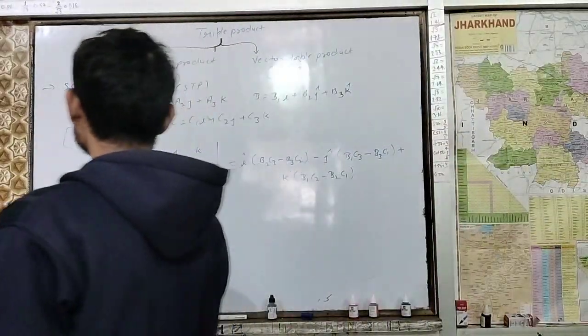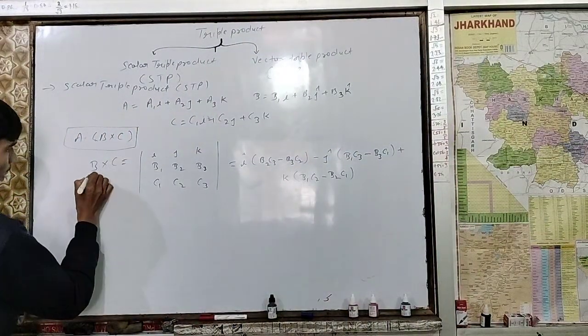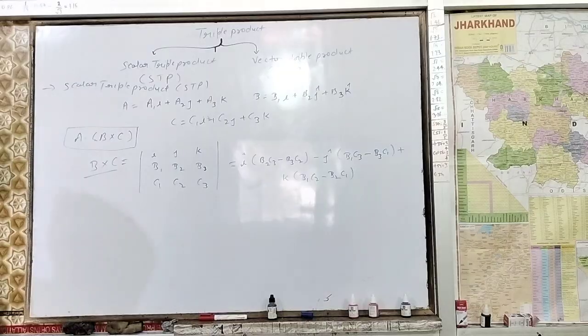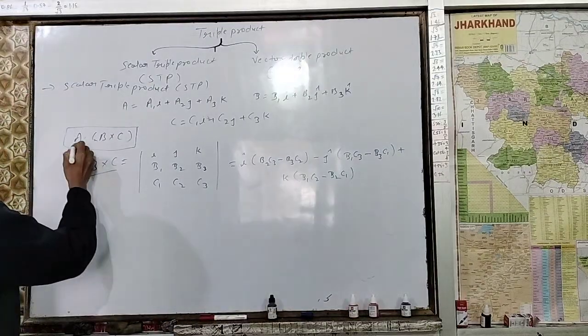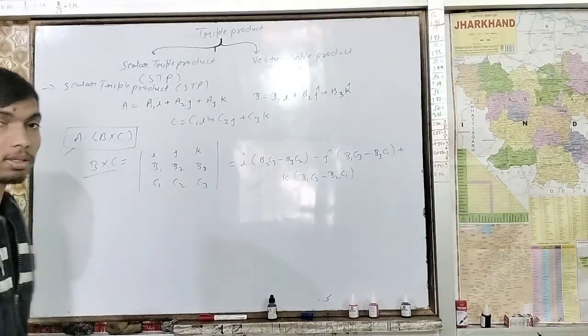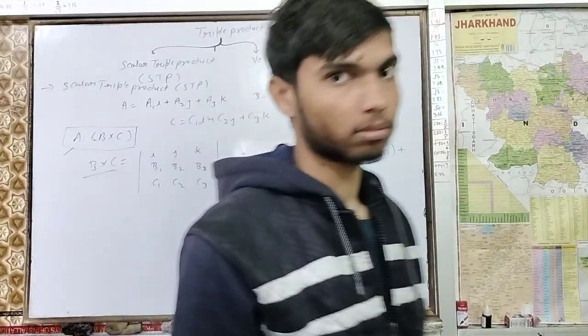Now we have applied the cross product. The left vector is a.